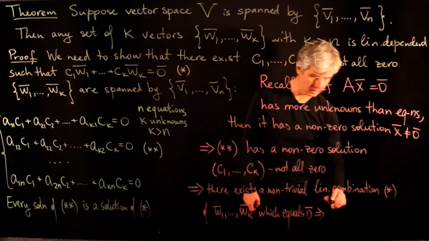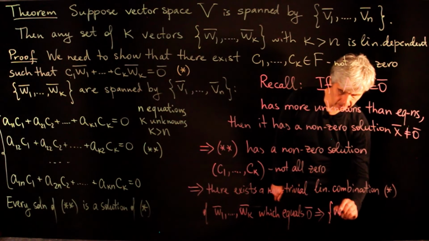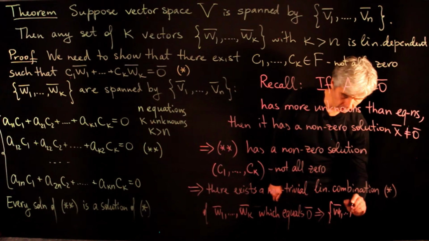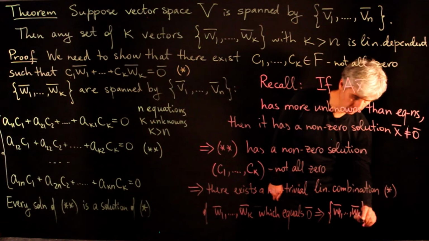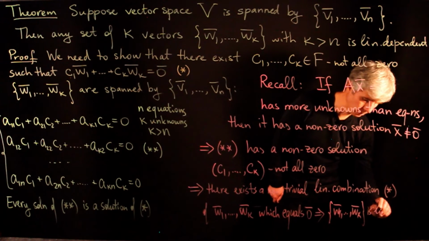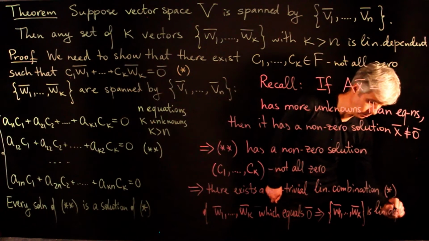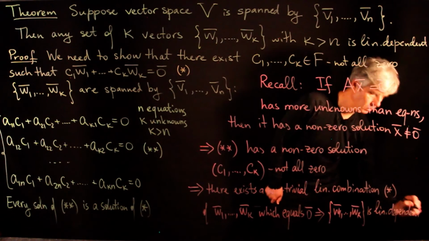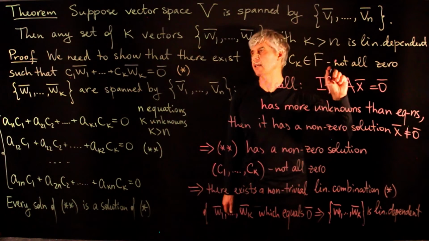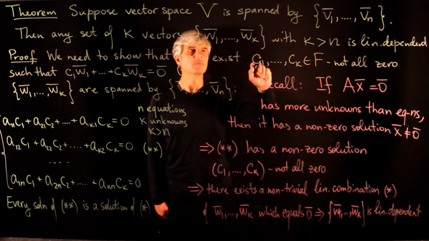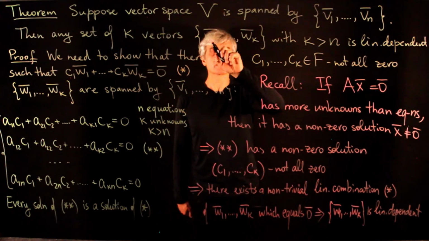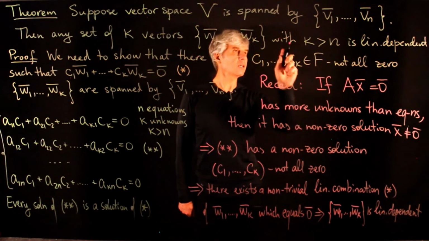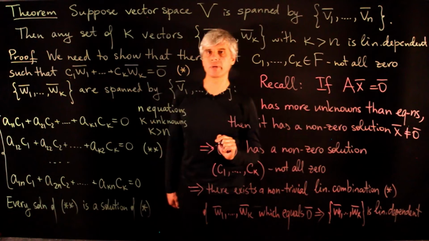And this exactly tells us that the set of w's is linearly dependent, which is exactly the claim of this theorem: the set w1 through wk is linearly dependent.